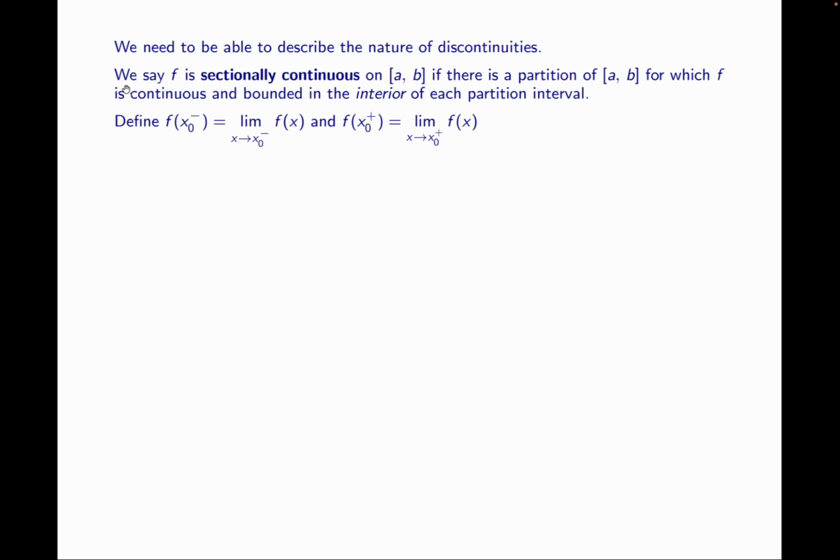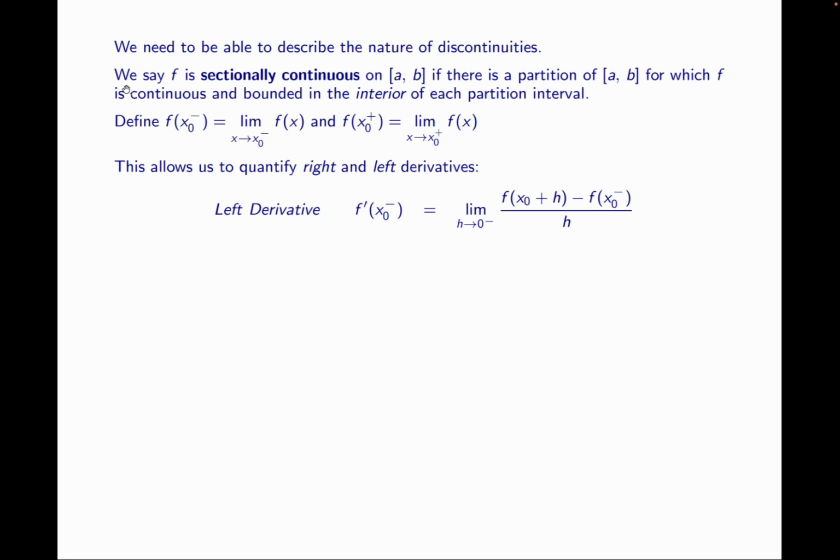Now, of course, if f of x naught negative equals f of x naught positive, then f is continuous at x naught, if, of course, those two limits agree and are equal to f of x naught.